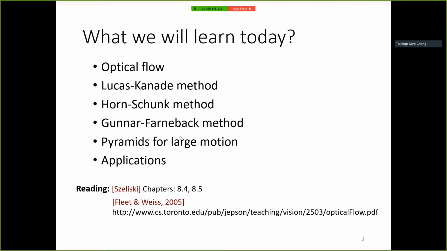You only get descriptors from some of the points, and then try to match those points. Optical flow is a little bit more ambitious, in the sense that you are trying to get the matching for the entire image.